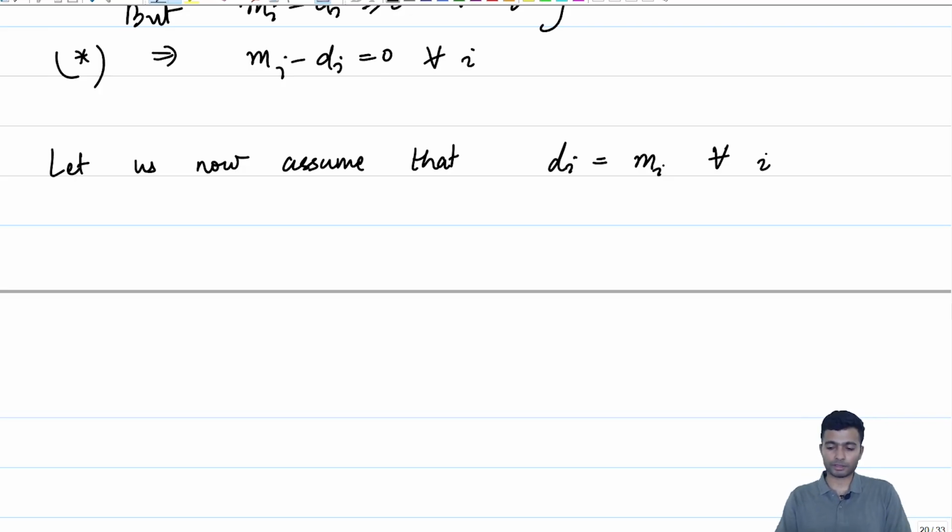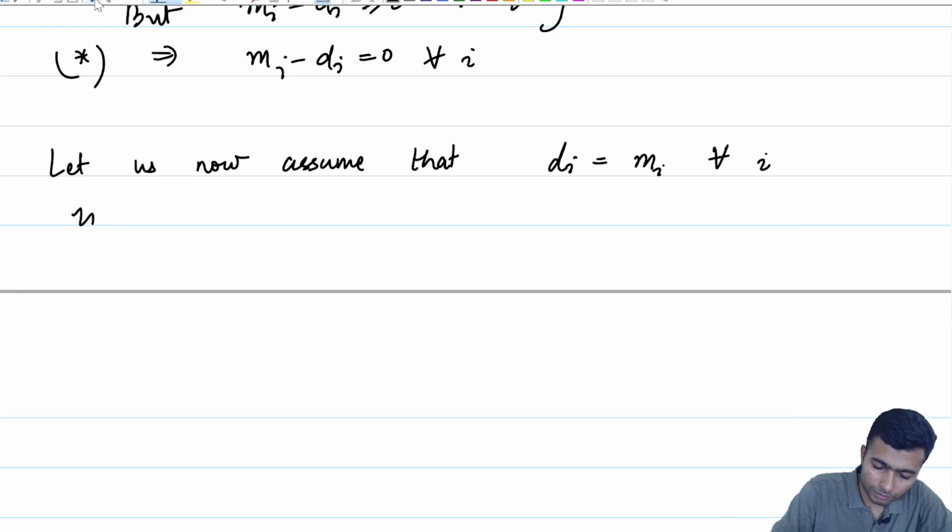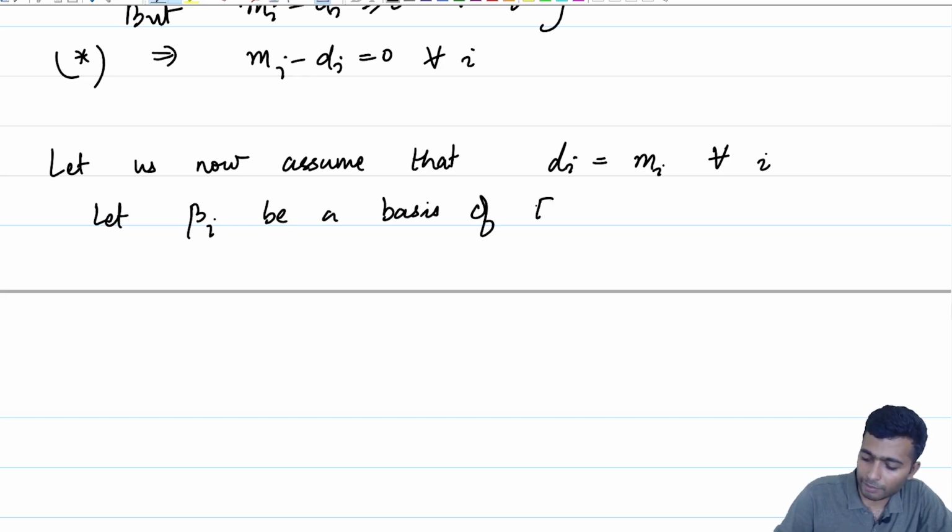So, what does this mean? This means that the dimension of E lambda i is equal to the multiplicity. That is what it means. So, let us do one thing. Let beta i be a basis of E lambda i.